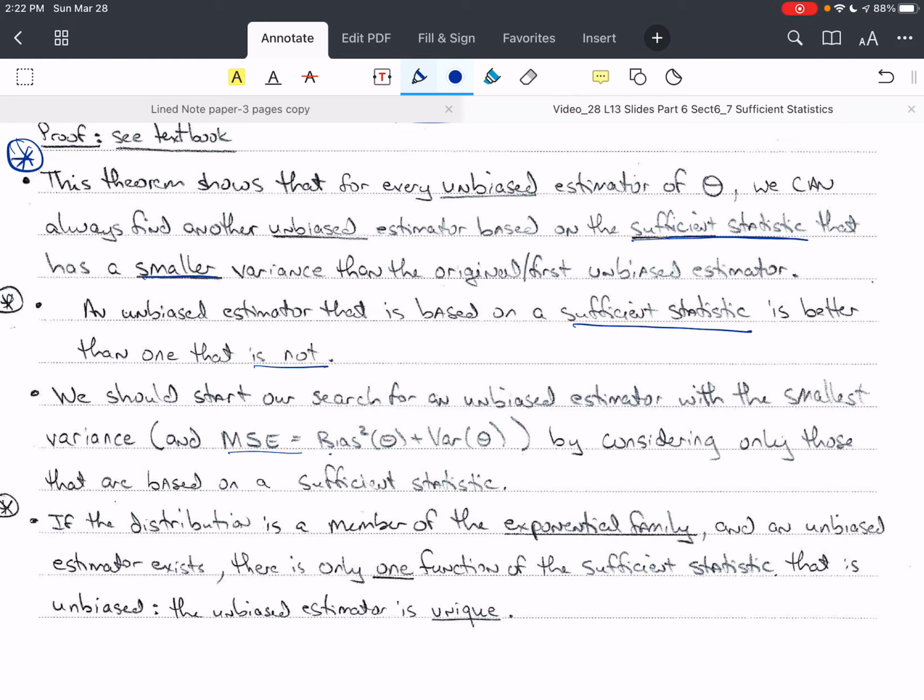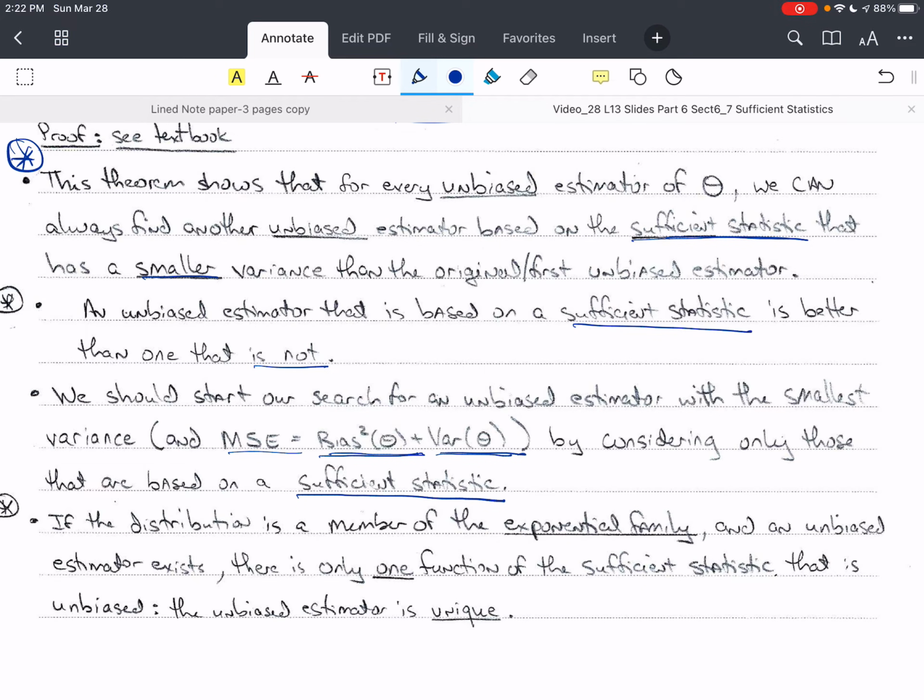If it's unbiased, then the bias is 0, and so the MSE would equal the variance. MSE equals the bias squared plus the variance of the parameter. So we should start our search for an unbiased estimator with the smallest variance by considering only those that are based on a sufficient statistic.